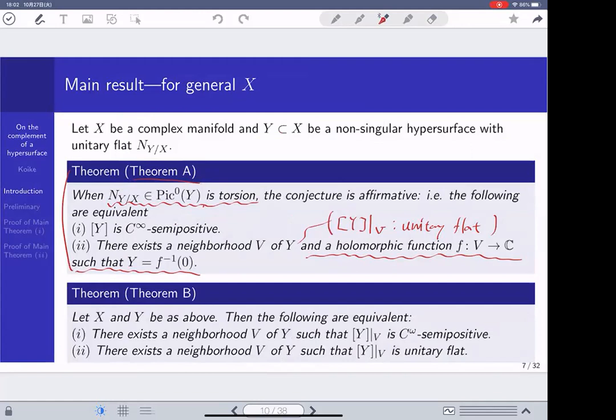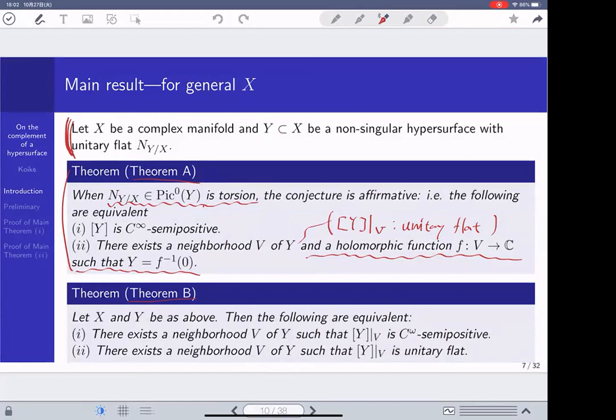Okay, the second one, Theorem B. Let X and Y be as above. Then the following are equivalent. The first condition: there exists a neighborhood V of Y such that Y restricted to V is C omega semipositive. The second one: there exists a neighborhood V of Y such that Y restricted to V is unitary flat.